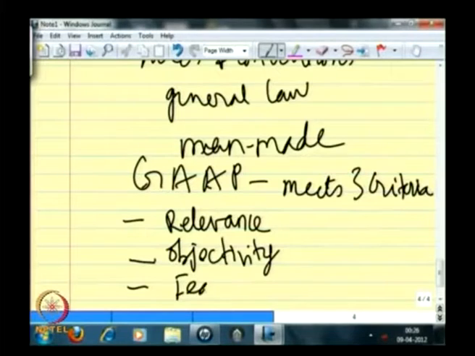The third one is feasibility. To the extent that the entire exercise of identifying, measuring and communicating information is implementable, with no undue complexities when you are going to do this.